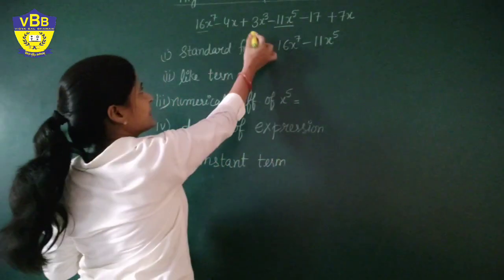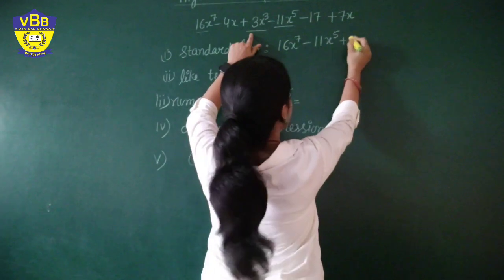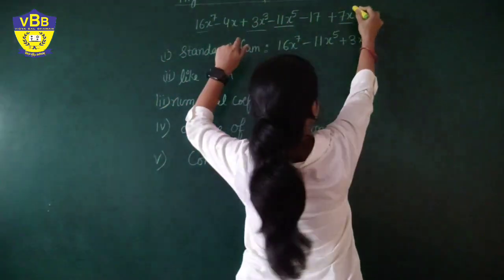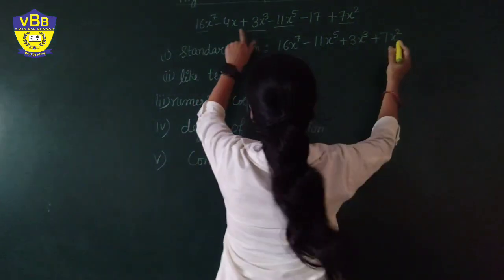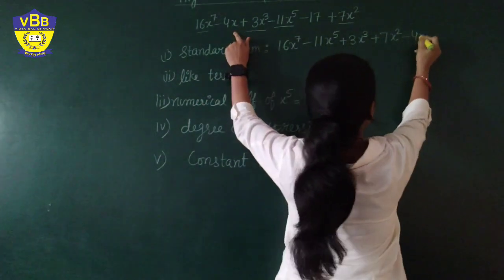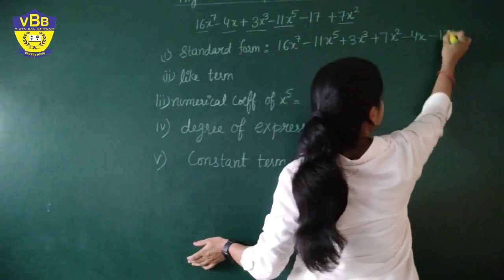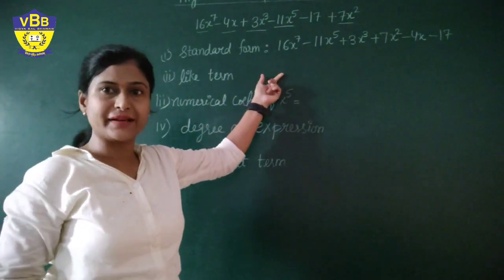After that we will take 3x^3, then 7x^2, minus 4x, and then minus 17. This expression is now in standard form.